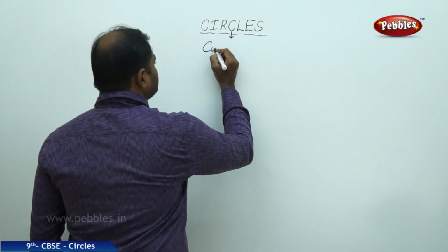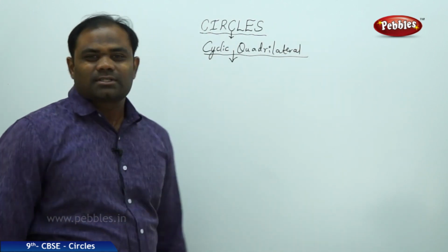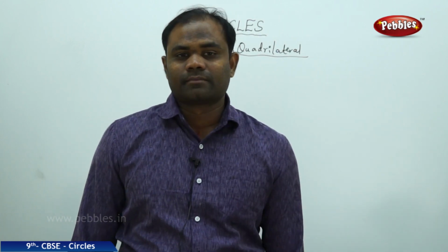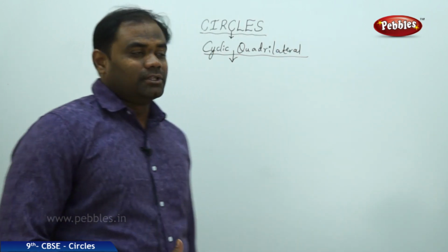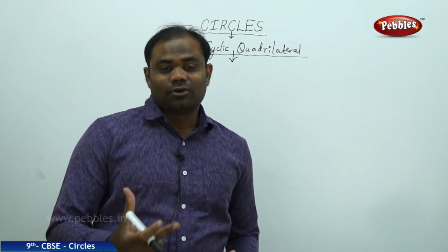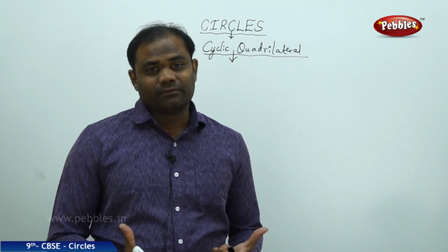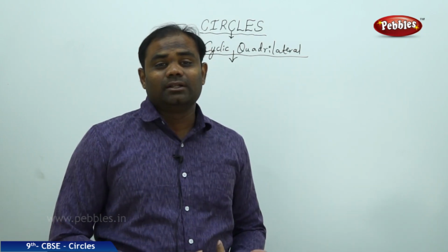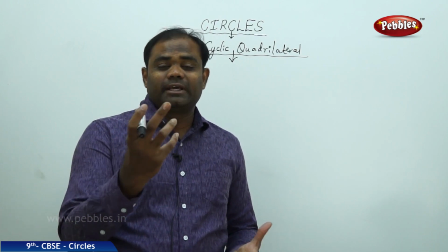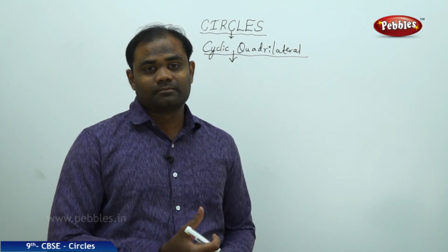This session is about cyclic quadrilateral. What is a cyclic quadrilateral? It is very simple with the definition itself: a quadrilateral which is cyclic forms an exact circle. In the most simple manner, we can define a cyclic quadrilateral to be a quadrilateral which can exactly fit in a circle of any radius.